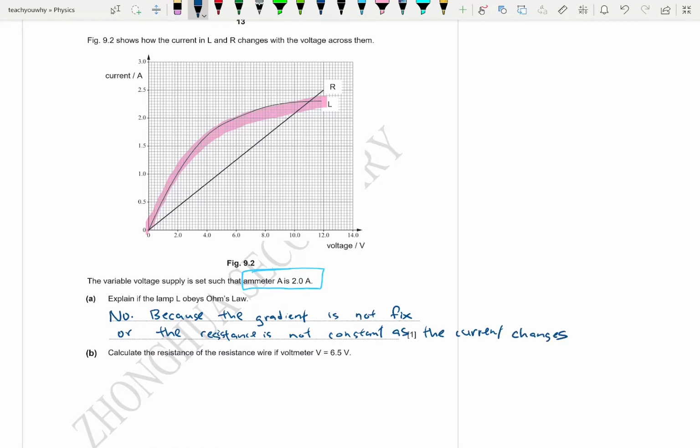Okay, so in order for you to have an ohmic conductor, you need to have a constant gradient, or in other words, the resistance has to stay the same. So R equals V over I. So this ratio must stay fixed.